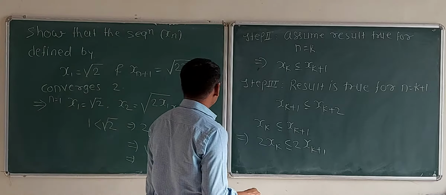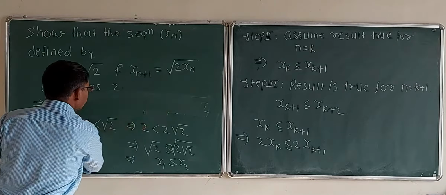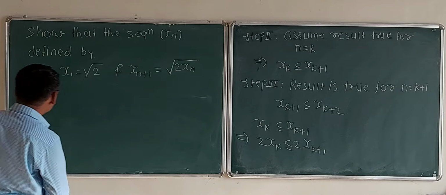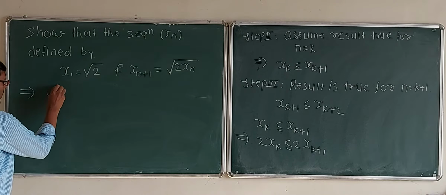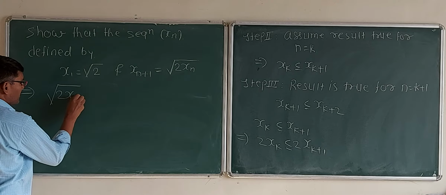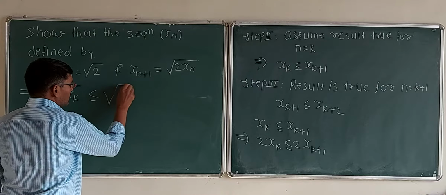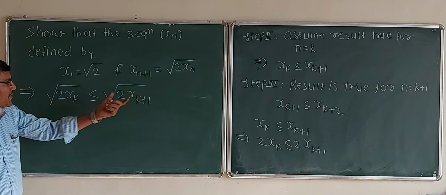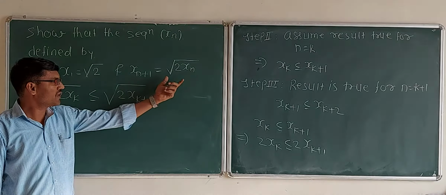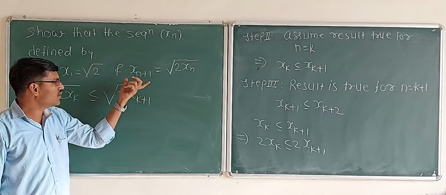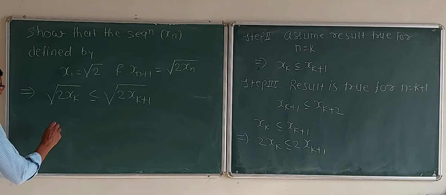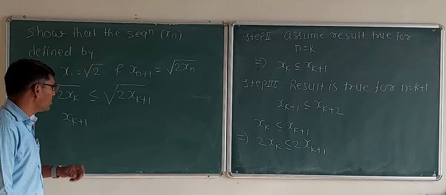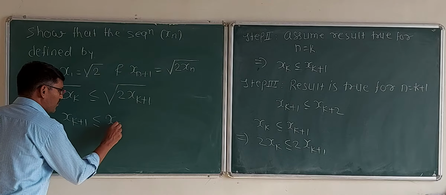And if you take the square root, square root of 2xk is less than or equal to square root of 2xk plus 1. But what is square root of 2xk? From the recursive formula, square root of 2xn is xn plus 1. So square root of 2xk is xk plus 1, and square root of 2xk plus 1 is equal to xk plus 2.